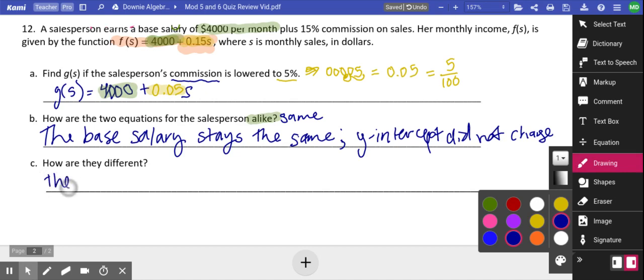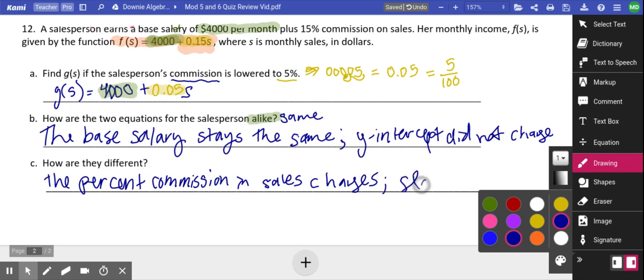So the percent commission and sales changed. This represents our slope.